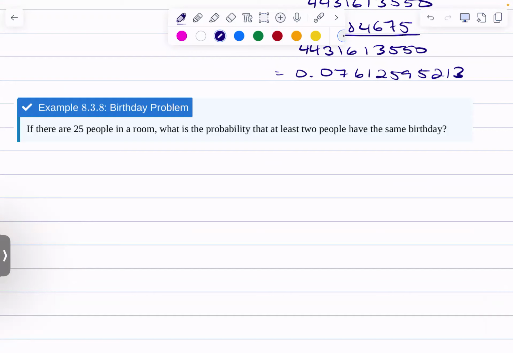Consider the complement: the complement of at least 2 people having the same birthday is that no one has the same birthday, which is no same birthdays in a group of 25.